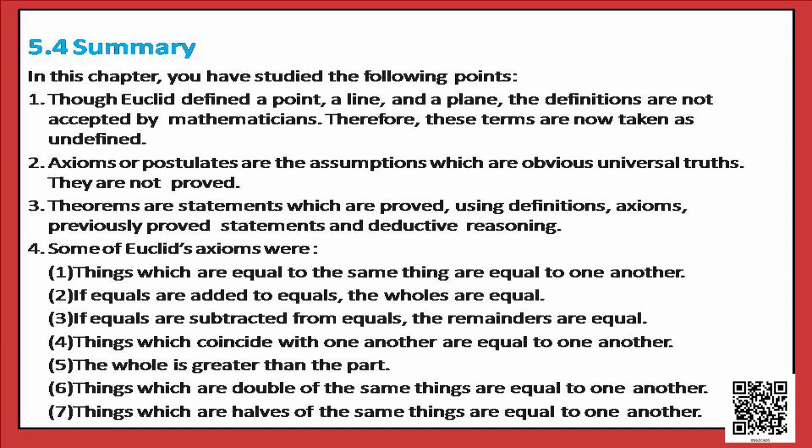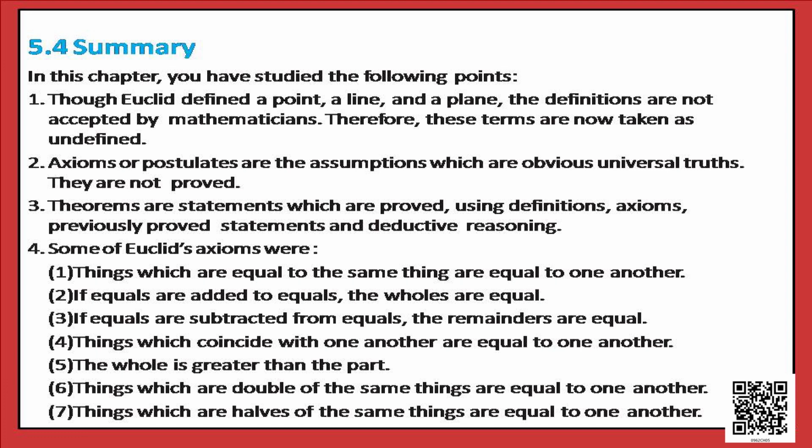Second, axioms or postulates are the assumptions which are obvious universal truths. They are not proved. Third, theorems are statements which are proved using definitions, axioms, previously proved statements and deductive reasoning.